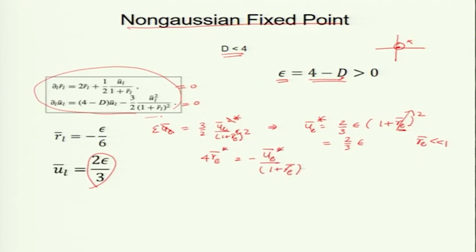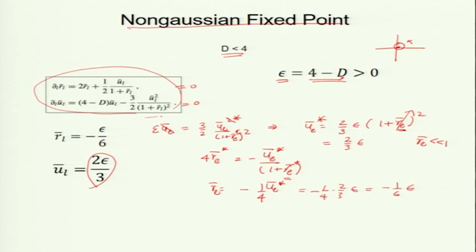Again R_L bar is much less than 1, so I can drop this. So, R_L bar is minus U_L bar star by 4. So, put this 1/4 into 2/3 epsilon, it is minus 1/6 epsilon.